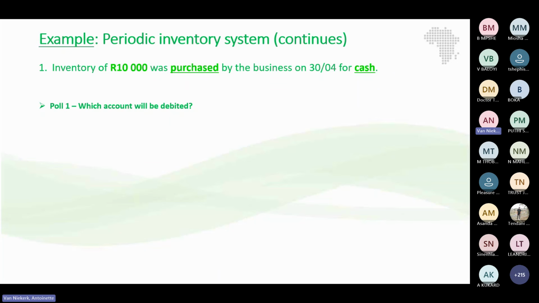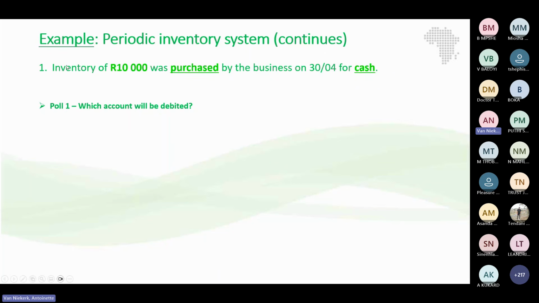Let's just read the transaction. Remember first of all, it's the periodic inventory system. So it means sales and purchases accounts are applicable. The inventory account and cost of sales are not applicable.